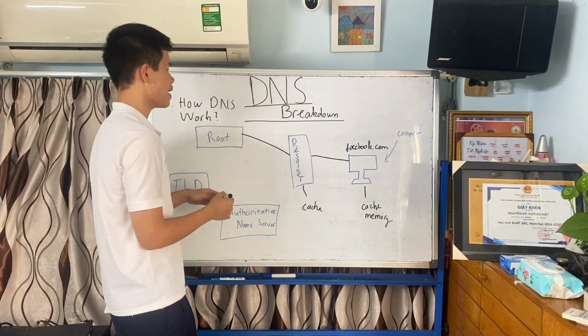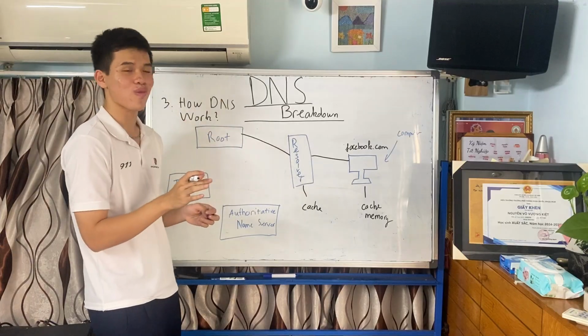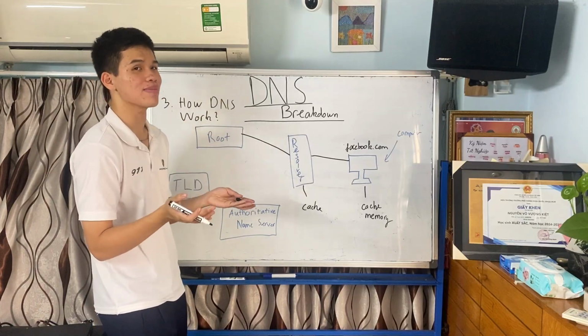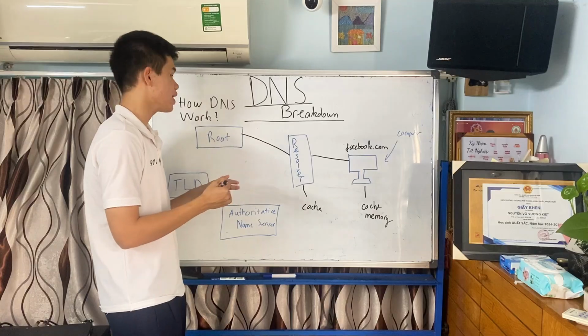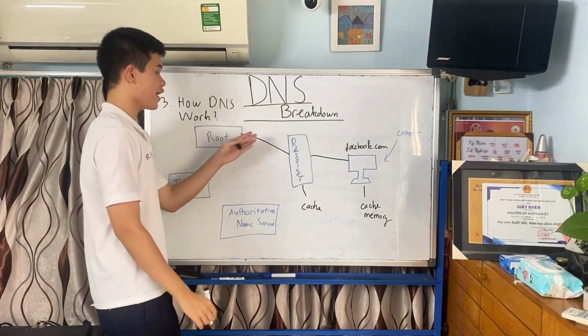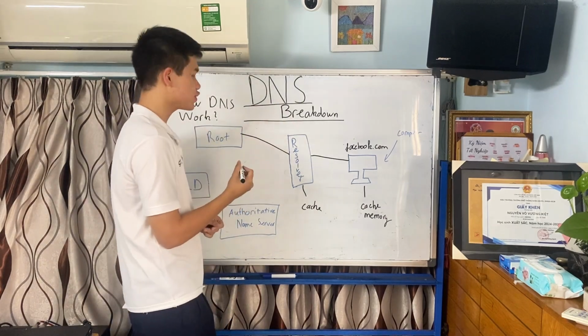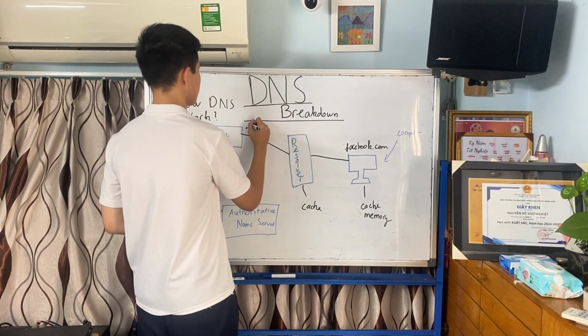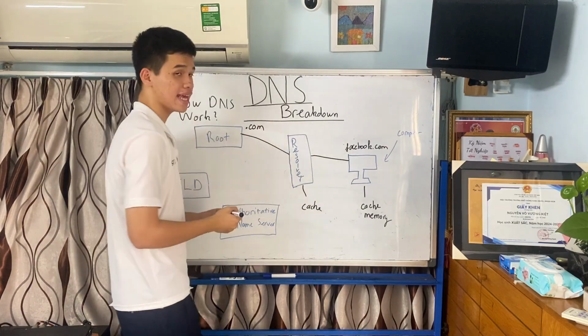So it will answer back like I don't know what is the IP address for facebook.com, but I know where you should go. And the root will answer back to the resolver, you should find it when you come to the .com TLD.